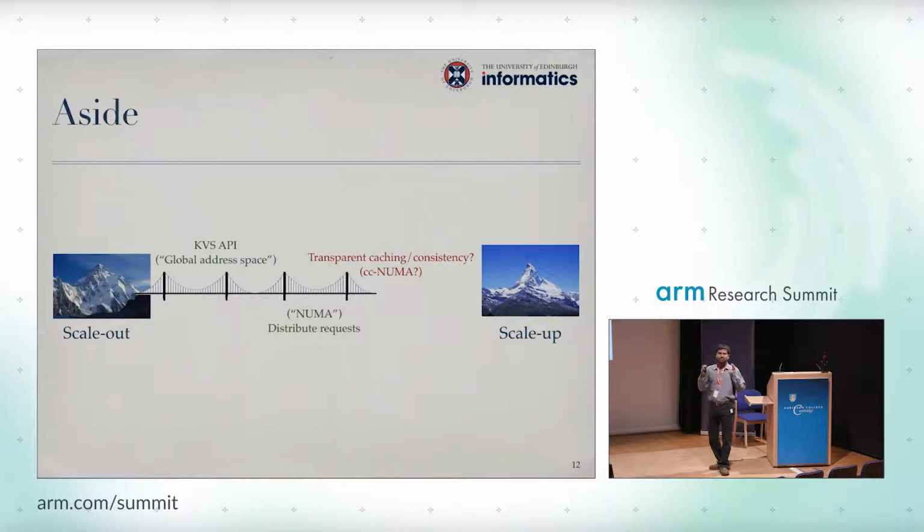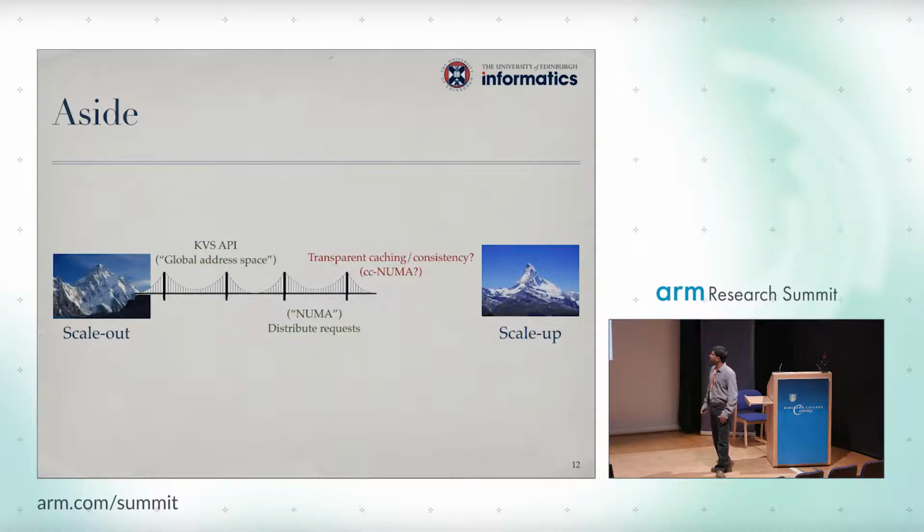Now let's take a step back, right? We started with something like a scale-out processor. In order to program with it, I would claim, you needed to use middleware such as key value stores, and I would argue that in some sense it is like providing a global address space, where the keys are essentially the global address.